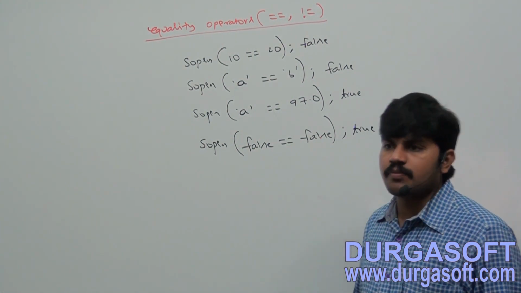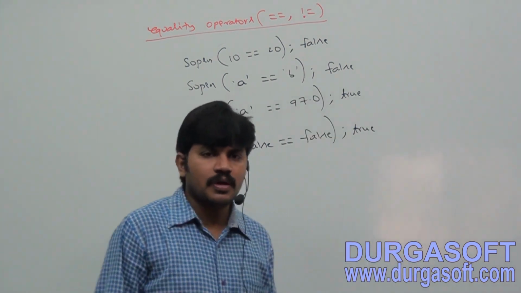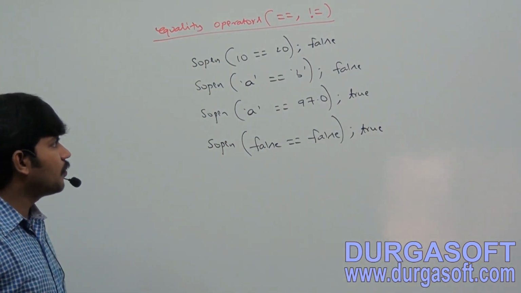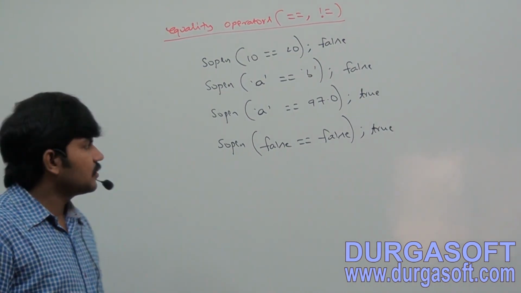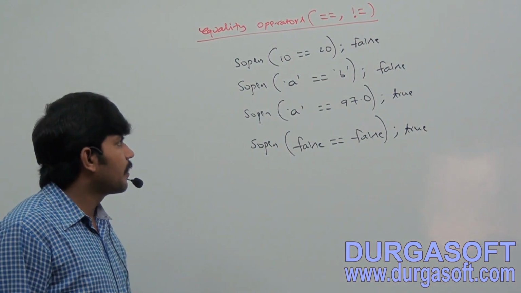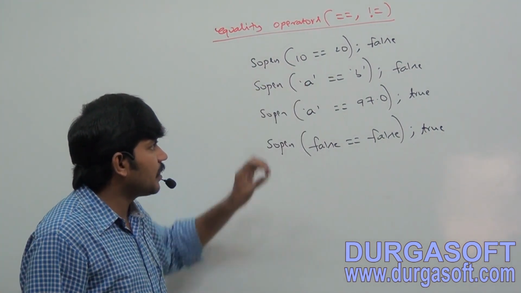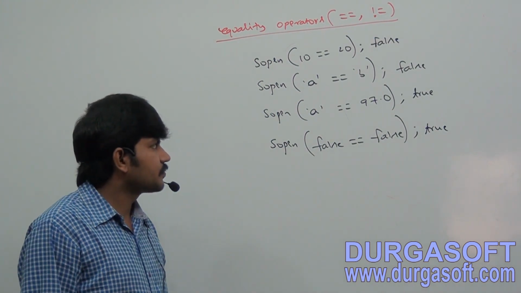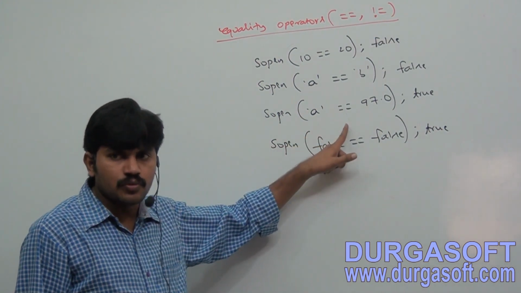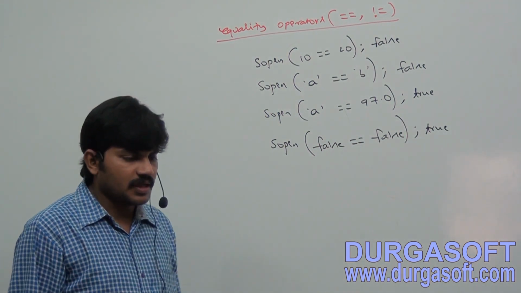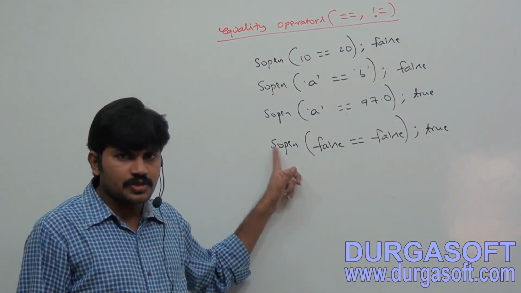Example: SOP of 10 double equal to 20, false is the answer. SOP of a double equal to b, false is the answer. a double equal to 97.0, true is the answer. Take all these SOPs clearly.